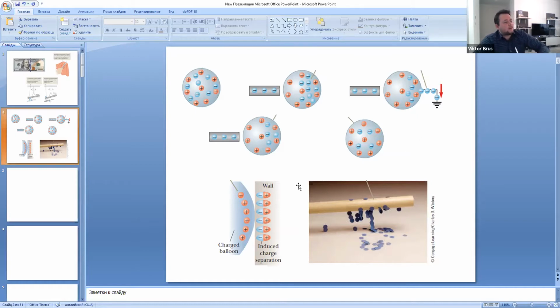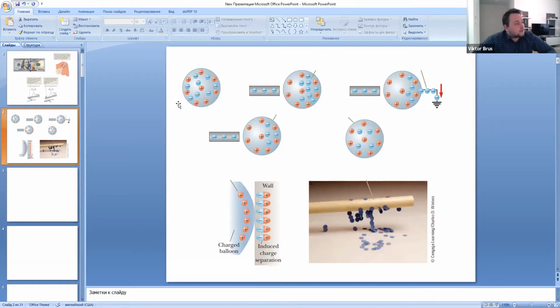So here it would be nice to show two options for electrifying bodies by induction, when we don't have any physical contact. Previously, when we have physical contact between two different materials, there is some friction, and because of that, there is charge transfer. However, it's possible to charge bodies without having direct physical contact.